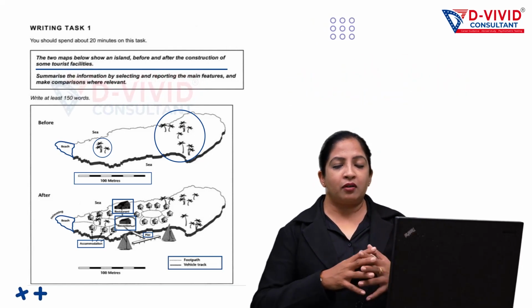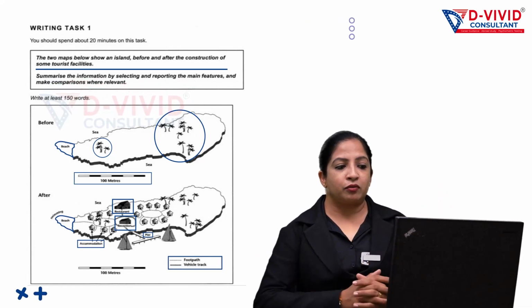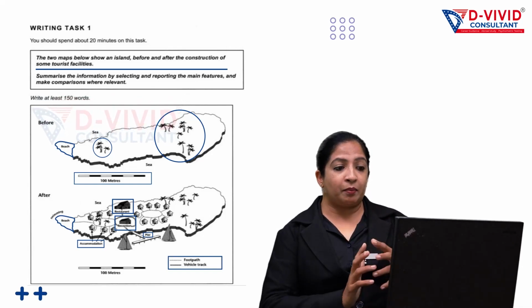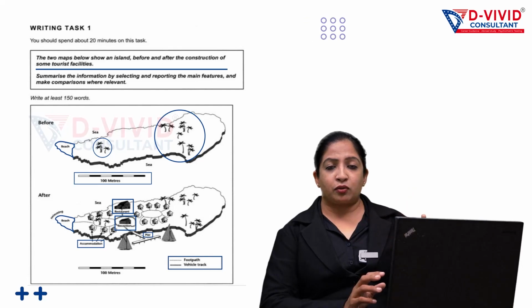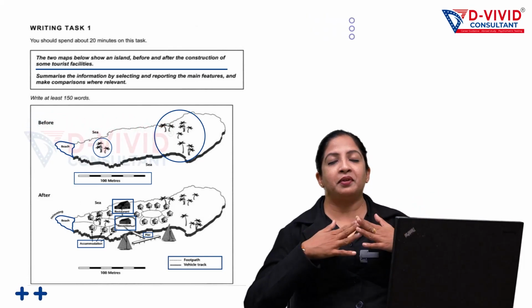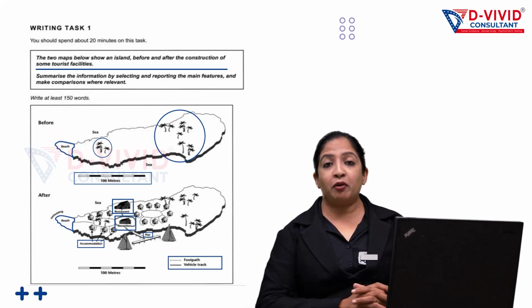Now if we talk about the bifurcation of data for body 1 and body 2, is it okay if I say that in body 1 I can just write about the map shown in the before side, and in body 2 I write the complete explanation about the tourist facility? Will it be okay?